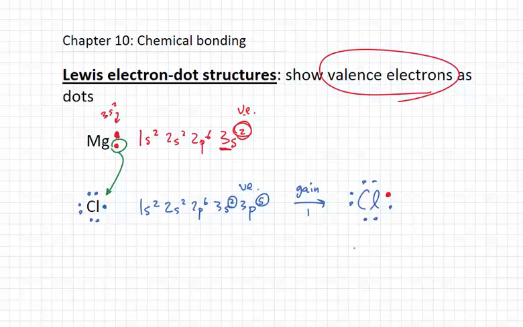So what charge would that chlorine be now? Minus, because electrons are minus, and it gained an electron. That's a Cl minus. That is a stable chloride ion, because that's 3s2, 3p6 now. Okay, that's good.